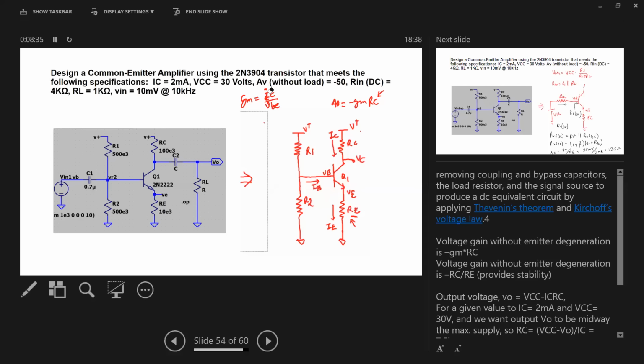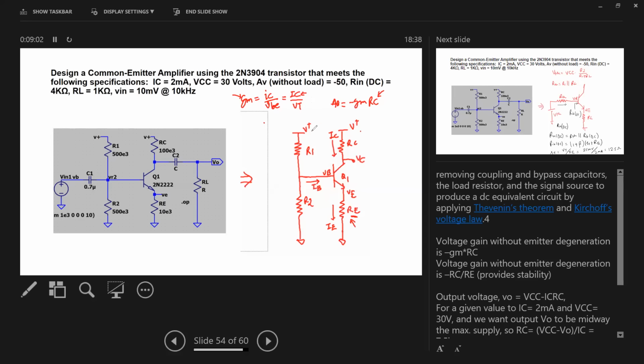Let us write that properly so that you understand better. So here is your small ic divided by small vb, and it has a value of IC over VT, where IC is the DC value of the collector current and VT is the thermal voltage, which is 25 millivolt at room temperature. So you can get this value of GM.